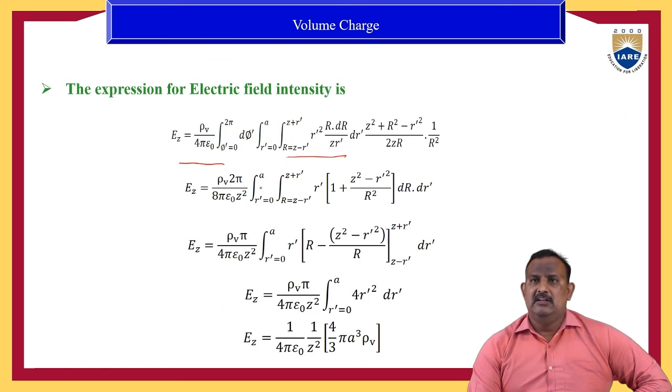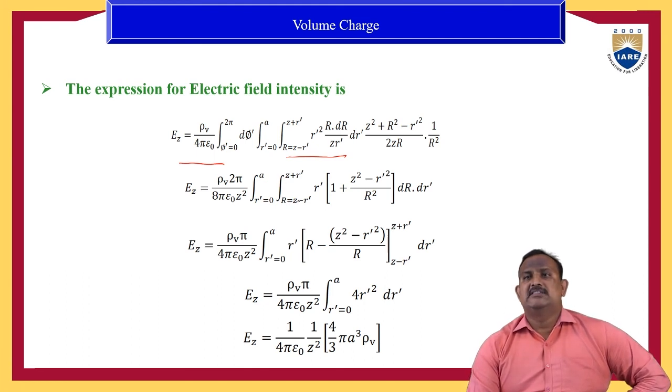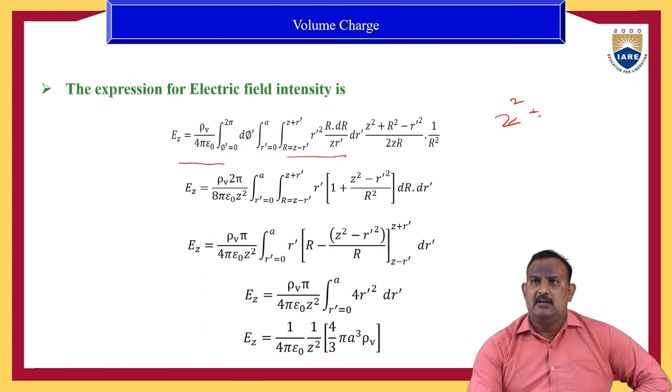Then we have the limit integral r' equal to 0 to a, and integral r equal to z minus r' to z plus r'. If we cancel the r, we have only the r term, into z square plus r square minus r' square by r square.